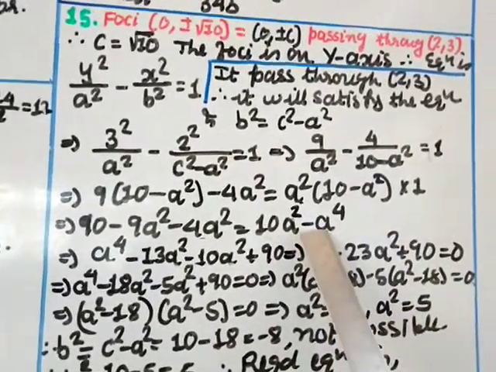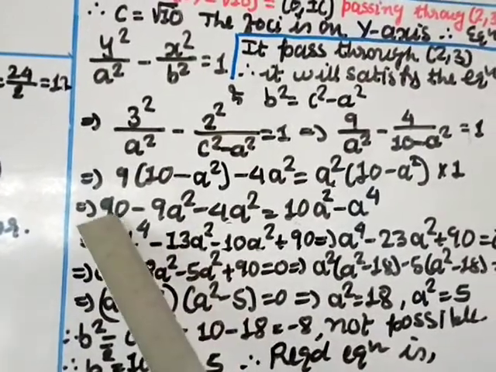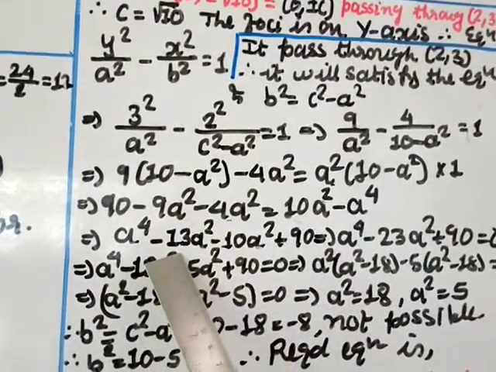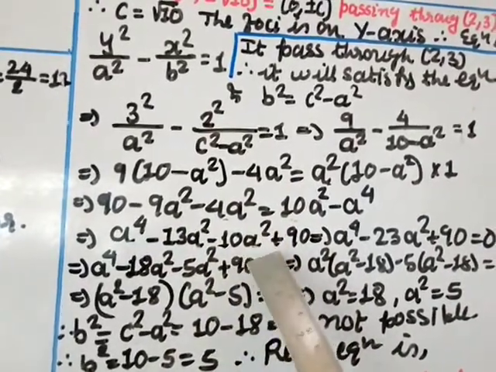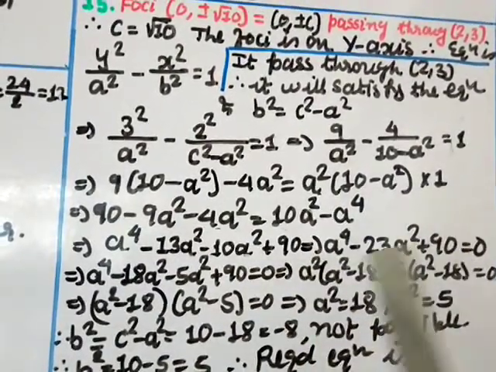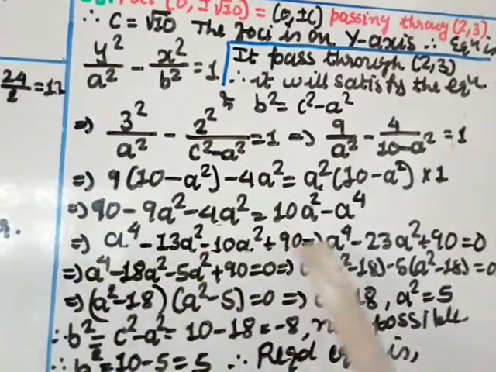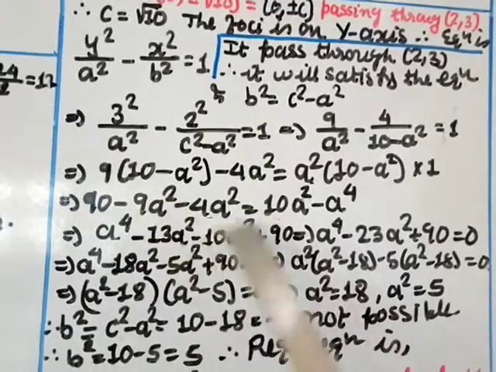So a power 4 is positive, then minus 9 and minus 4a square gives minus 13a square, and transferring gives minus 10a square, plus 90 as it is, equal to 0. I have missed out the 0 here, so put equal to 0. Then combining, a power 4 minus 23a square plus 90 equal to 0.